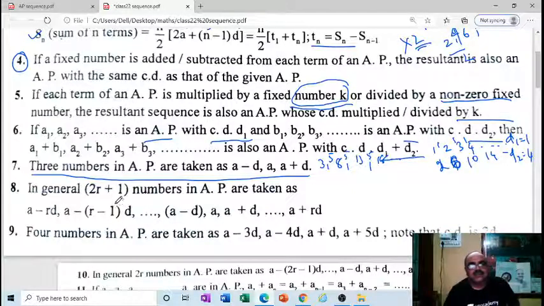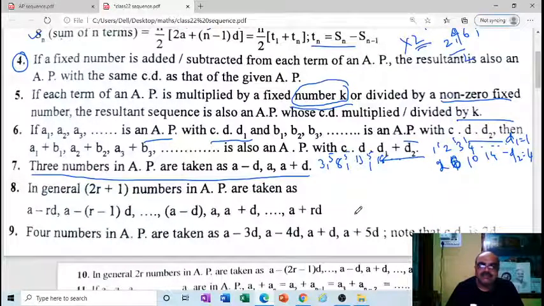In general, 2R plus 1 numbers in AP are taken as A minus RD, A minus R minus 1 into D, and so on, A minus D, A, A plus D, and so on up to A plus RD.